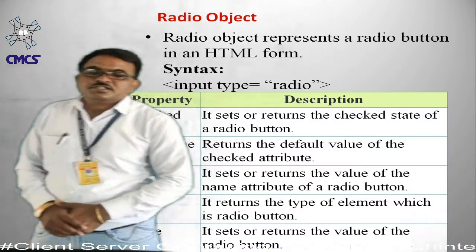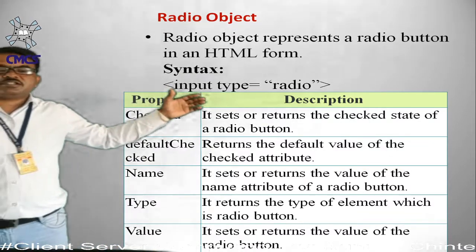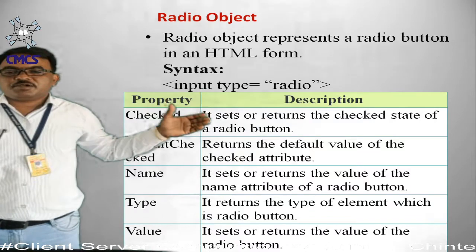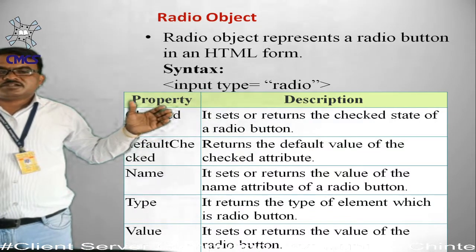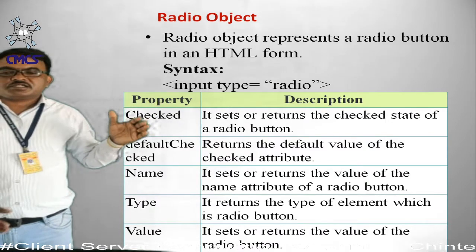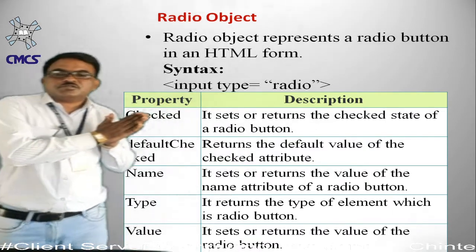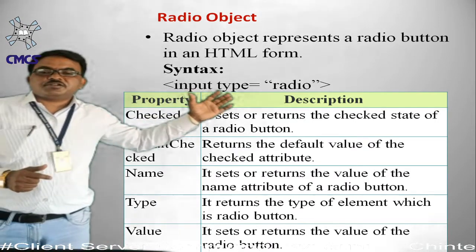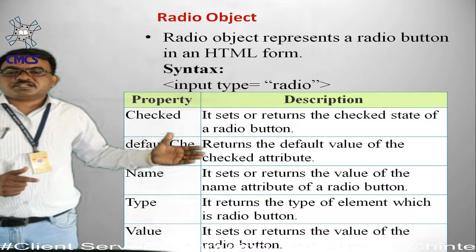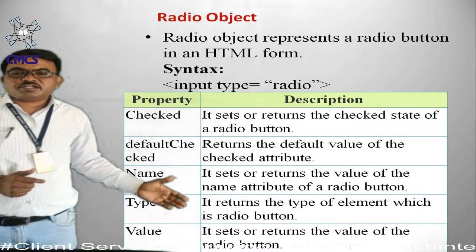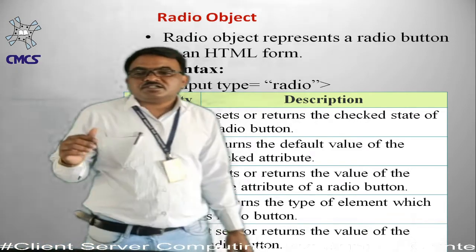Okay, next is the radio object. The radio object represents the radio button in HTML forms, meaning you can select either of the options. It has different properties such as checked, defaultChecked, name, type and value. Let's see the descriptions.